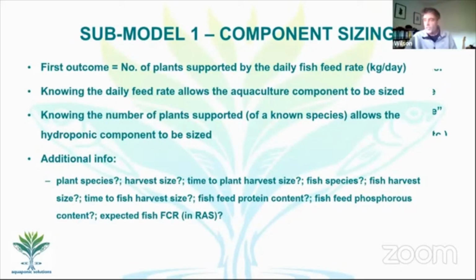The additional information, there's a lot of it. You've got to know a lot of different things. This is not simple. This is nutrient dynamics. You've got to cover off on a lot of stuff so you know what's happening. Things that my model doesn't even take into consideration, which it probably should, are the amount of sunlight that gets to the leaf every day, the air temperature, and the humidity. None of that's taken into consideration.